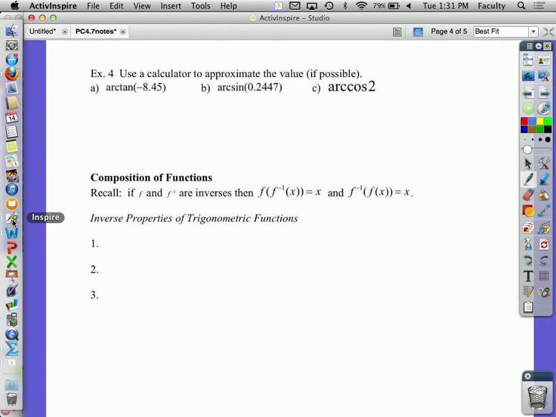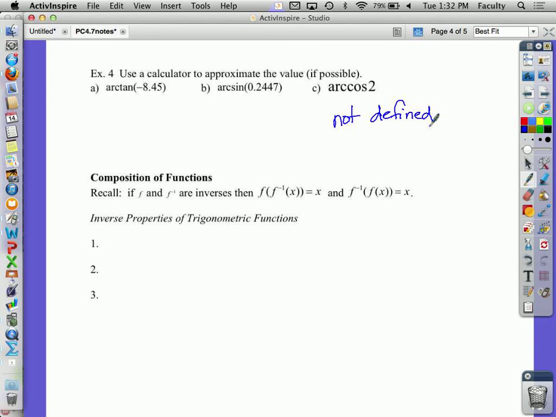Why can't you do it? It's not in the domain, so don't fall into that trap. You can't have numbers that are bigger than 1 or smaller than negative 1. So this one is not defined, not possible. Okay?